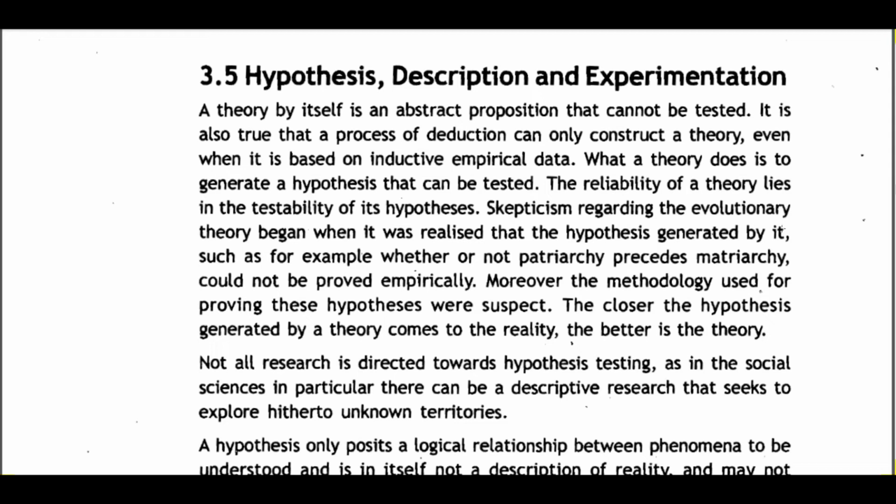Skepticism regarding the evolutionary theory began when it was realized that the hypotheses generated by it, such as, for example, whether or not patriarchy precedes matriarchy, could not be proved empirically. Moreover, the methodology used for proving these hypotheses was suspect. The closer the hypothesis generated by a theory comes to reality, the better is the theory.